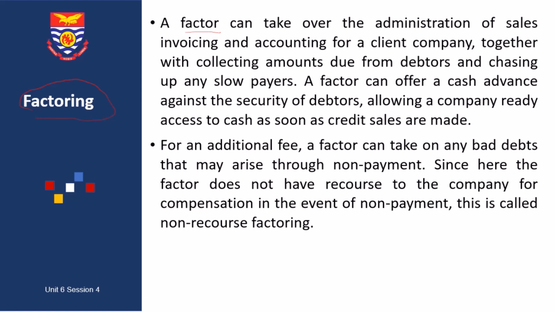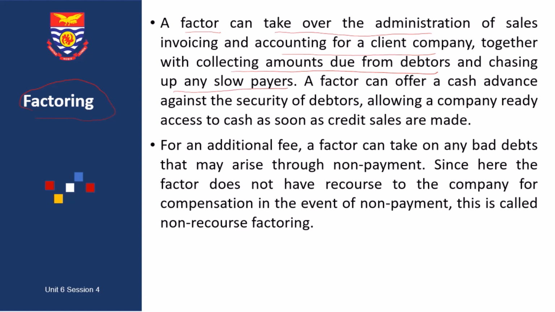Right? So if the debt amount is maybe 100,000, you are going to get something like 80,000. So the 20,000 will be the cost for the service of the factor. I hope you understand. So a factor can take over the administration of sales invoicing and also accounting for a client company, together with collecting amounts due from debtors and chasing up any slow payers.